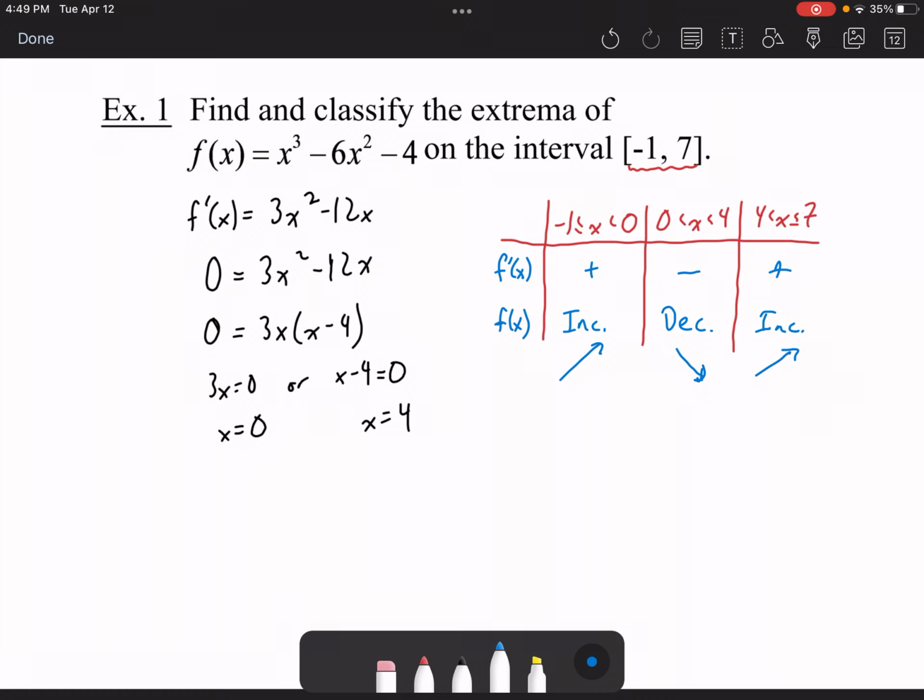Okay, so as part of this responsibility, not only do you need to know where the function's increasing and decreasing, but you also need to know what the values are at each of the critical numbers. So far we have these two, 0 and 4, as critical numbers. Oops, spelled critical wrong.